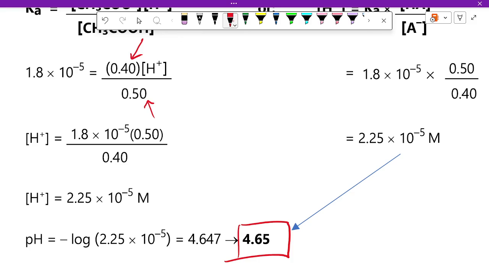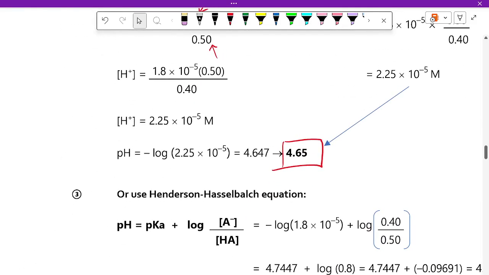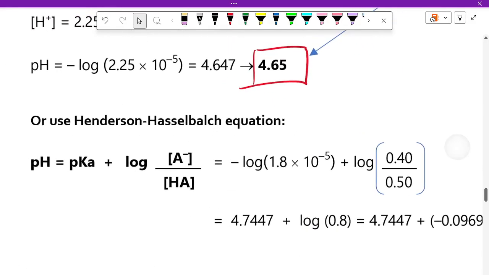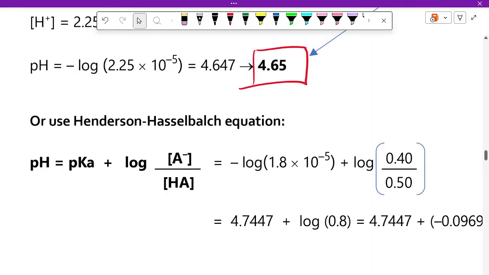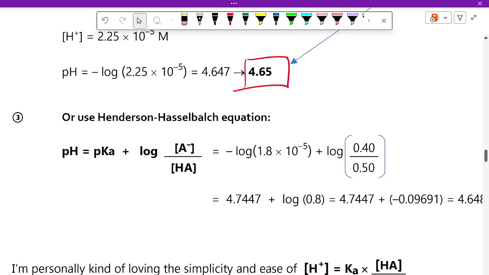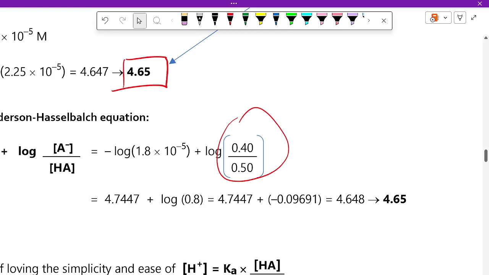Is that good? Okay. Or you can use the Henderson-Hasselbalch equation. pH is equal to pKa plus the log of A over HA. So you'd be like, okay, negative log of 1.8 times 10 to the minus 5 plus the log of, well, this gives you 0.8, and that gives you 4.648.